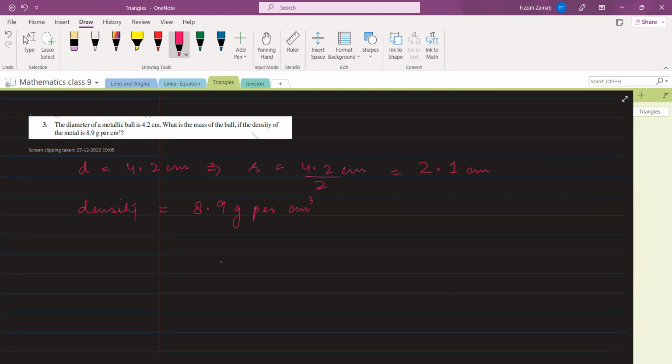Okay, now what is density? First of all, who will tell me how can you define density? I mean, what do you understand by the term density? Okay, now try to understand.